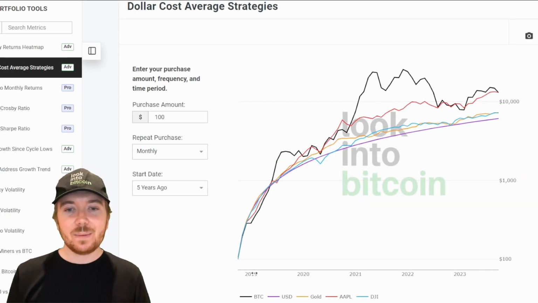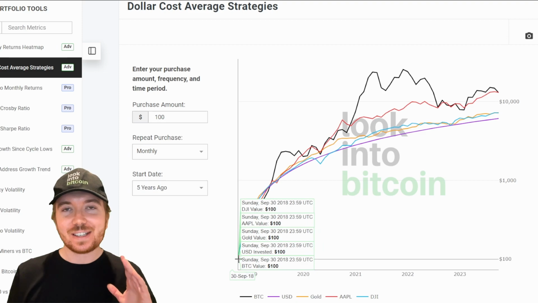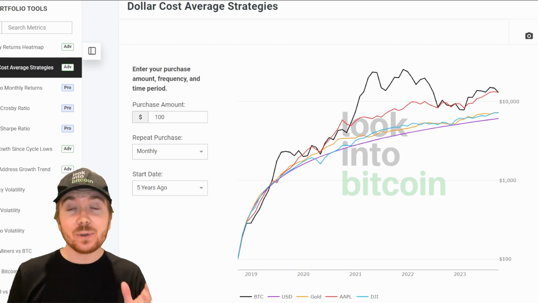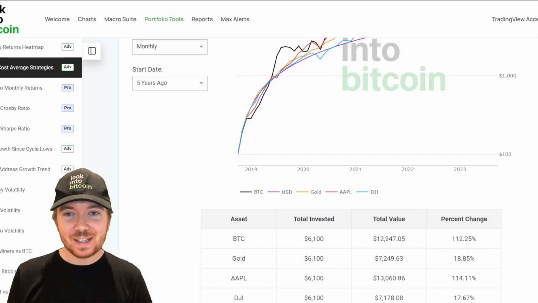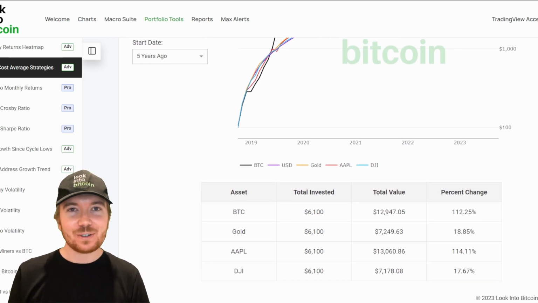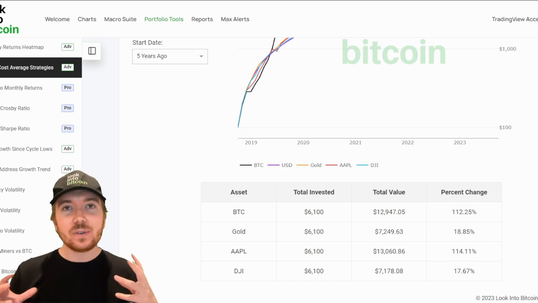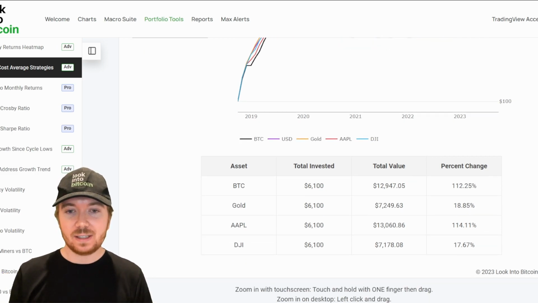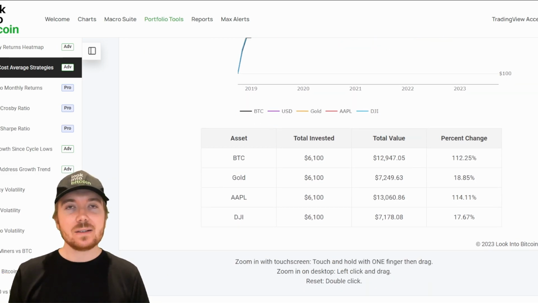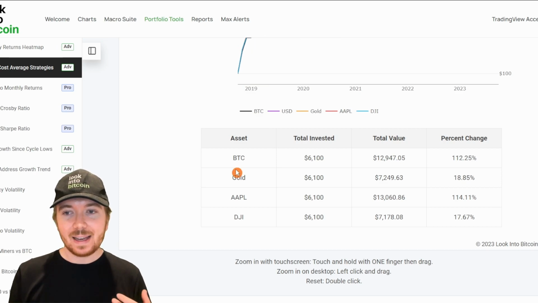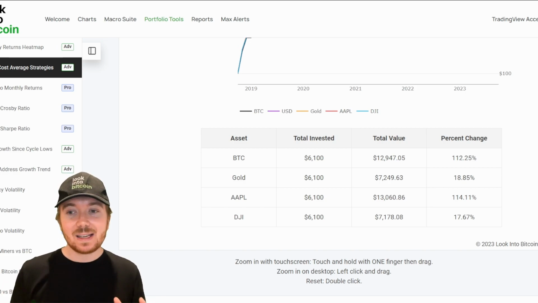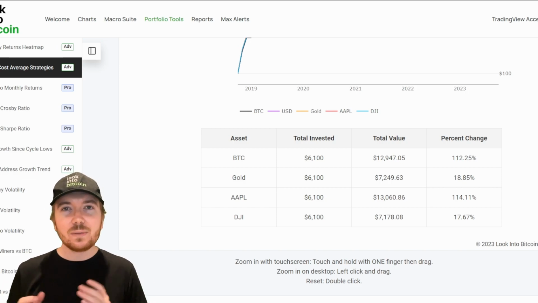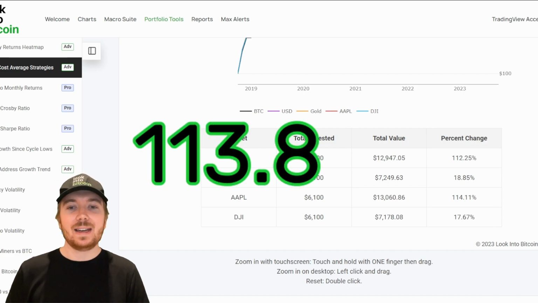So if we look to the 5-year performance, starting on September 30th, 2018, you wouldn't have actually bought then, you'd have bought $300 worth on November 31st at $3,971.62, and you've continued that trend all the way until today. Bitcoin, just blind dollar cost averaging, would have returned, like we said, 112.25%, but timing your dollar cost average investments using this simple tool would have actually only returned 113.89%.